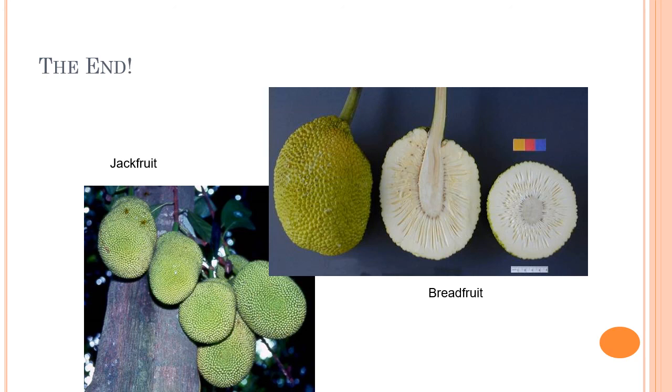If they are coming from multiple ovaries and multiple flowers, we call them multiple fruits, of course. And these examples are mulberries and also pineapples, as well as fig. All of these are called multiple fruits.